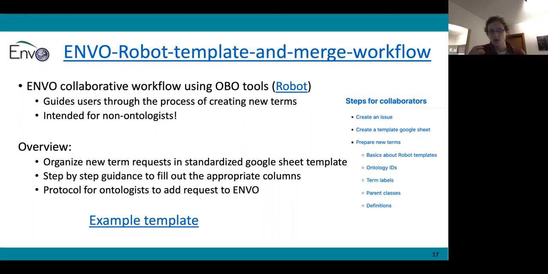So it's kind of like a guide and process for non-ontologists to contribute vocabulary terms to an ontology, and to express them at a deeper level, or whatever level of granularity they want to express their terms in.